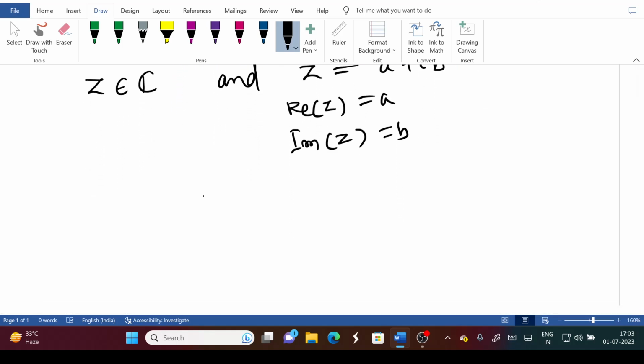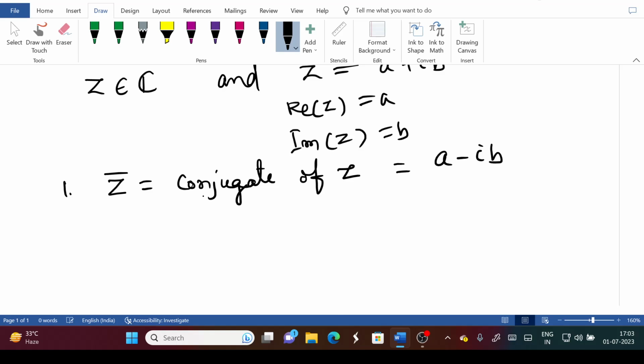some properties. Property number 1: Z bar, the conjugate of Z, is equal to A minus iB. Second, (Z1 plus Z2) whole bar is equal to Z1 bar plus Z2 bar.